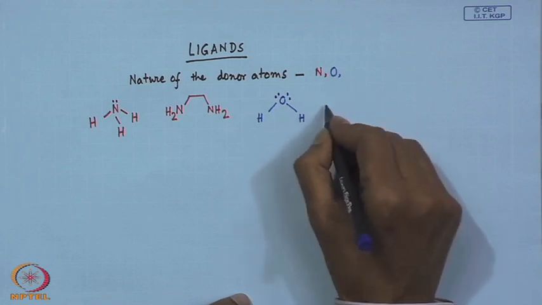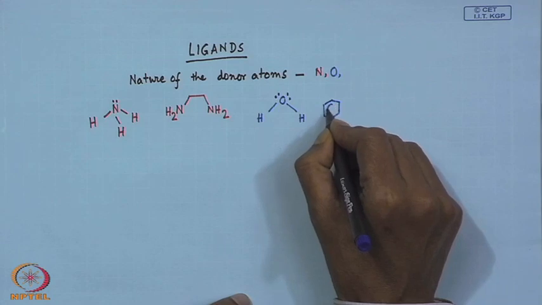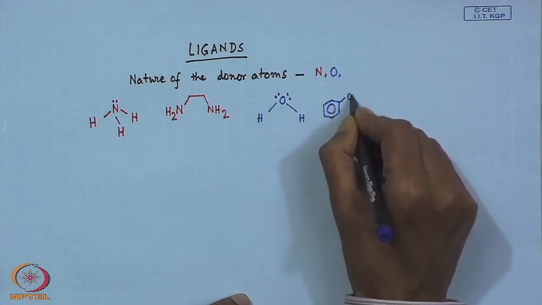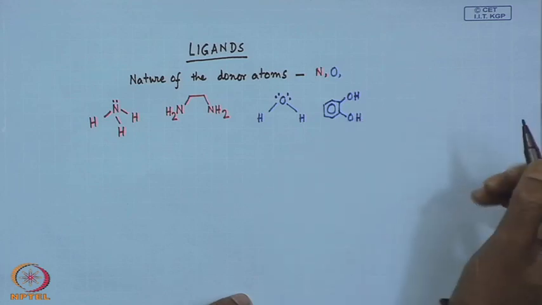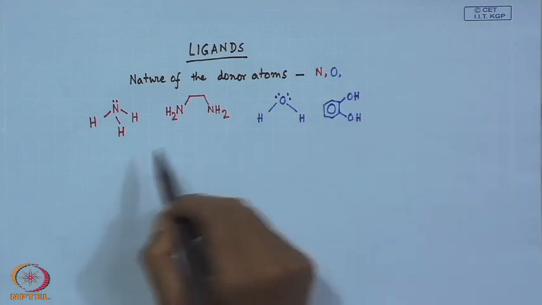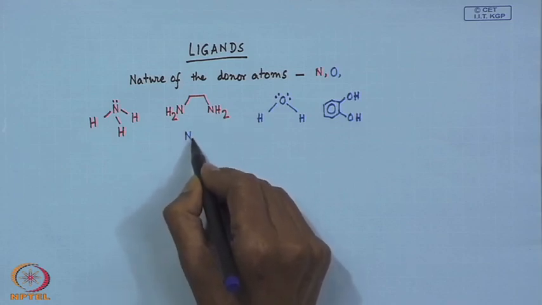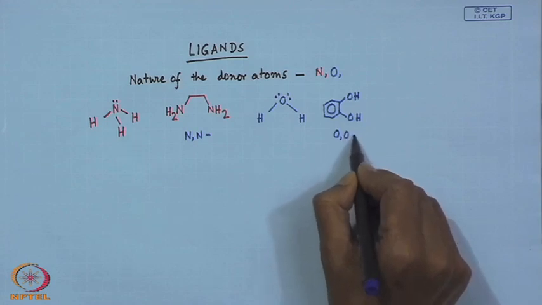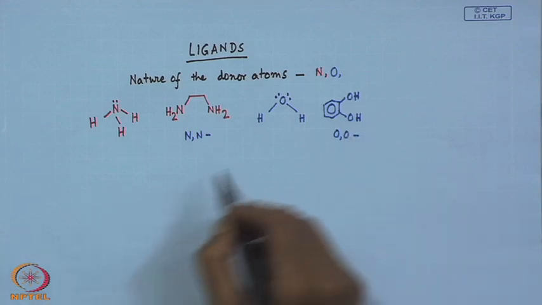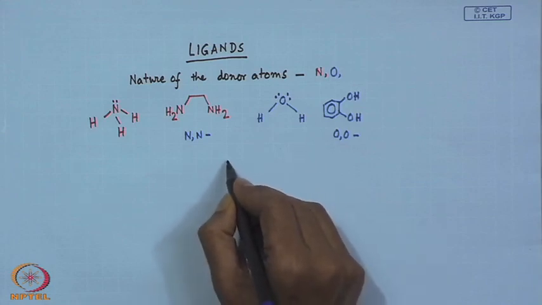Then we can have other bidentate ligands like catechol and others. So, these are the simple possible bidentate ligands where we can have nitrogen donor atoms or oxygen donor atoms, and at the same time we can also have the combination of these two.